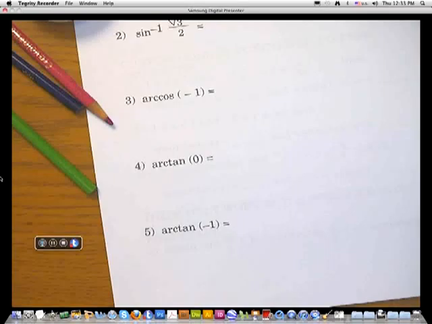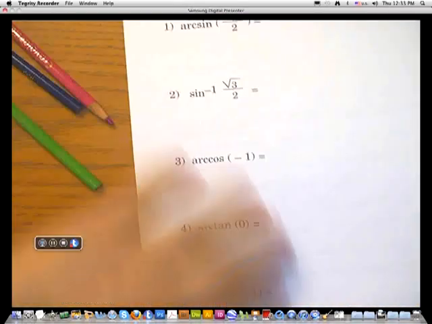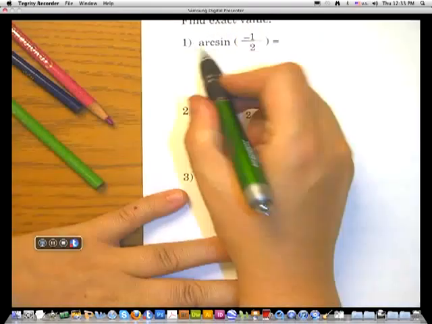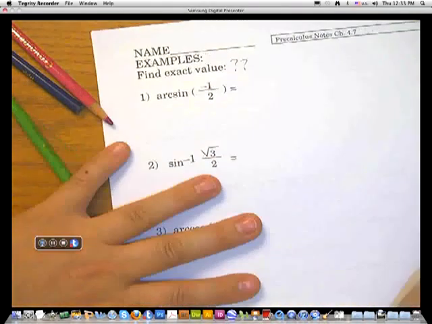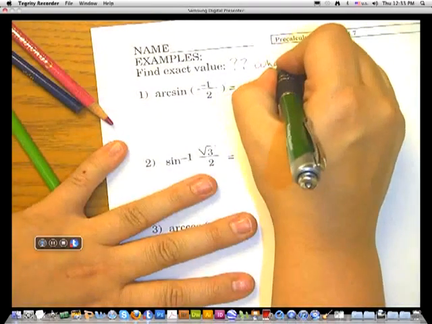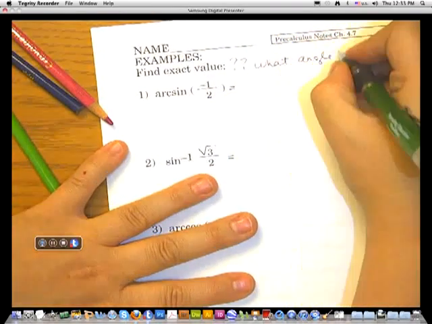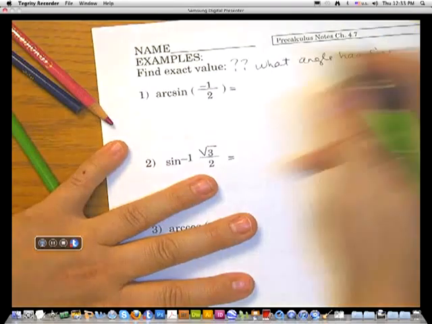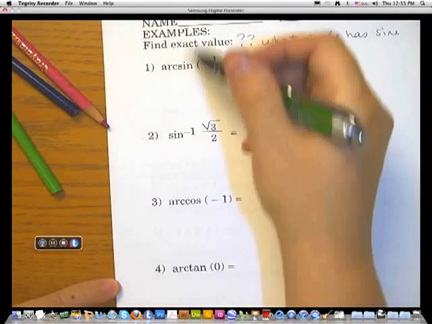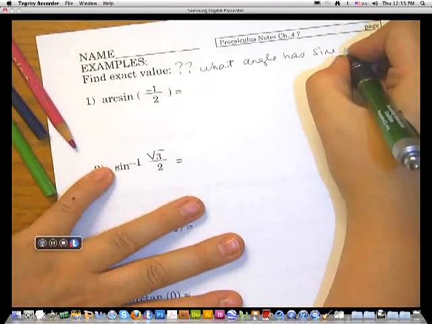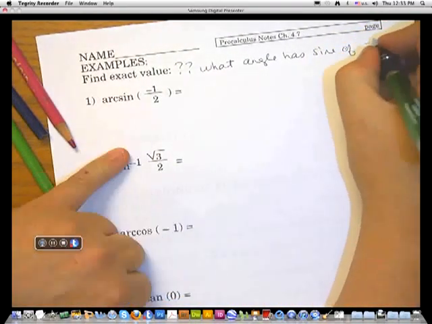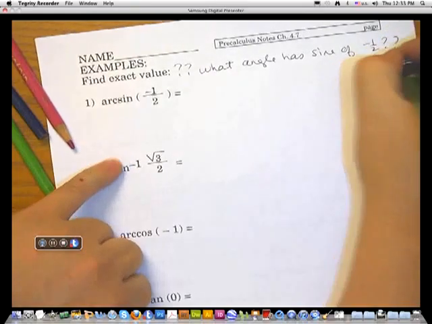All right. When we're asked for arcsine of negative 1/2, the question you're really going to ask yourself is, what angle has the sine or cosine or tangent or whatever function we're looking at here of, in this case, negative 1/2.